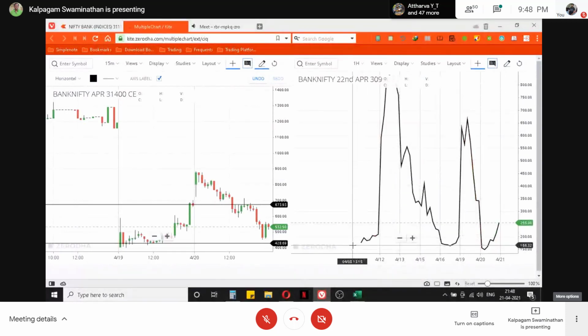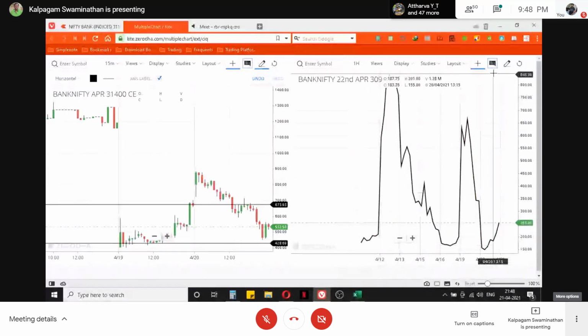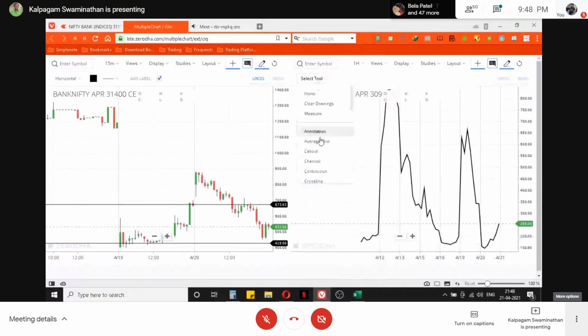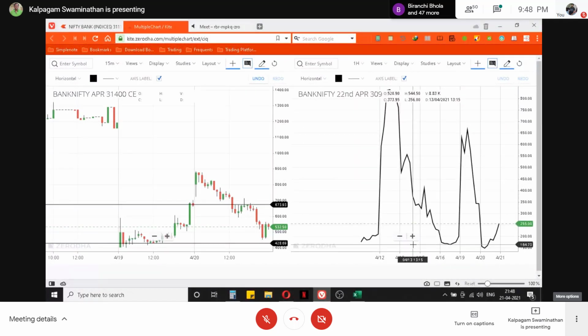See, I know there was a support here, and this probably would not have formed, or maybe it would have formed, we don't really know. If it was there, we'll mark one more line here. But in any case, when the price comes down to the support, if I enter the trade, I'm safe.